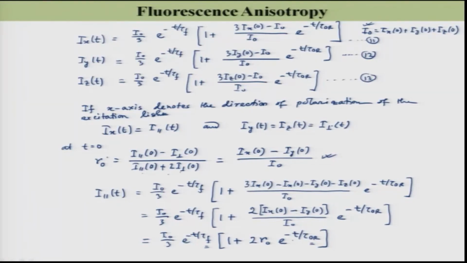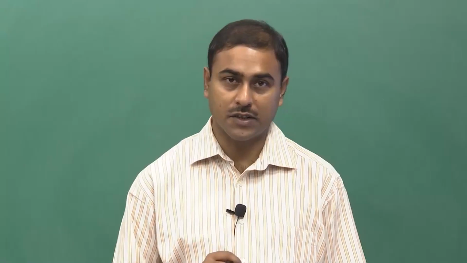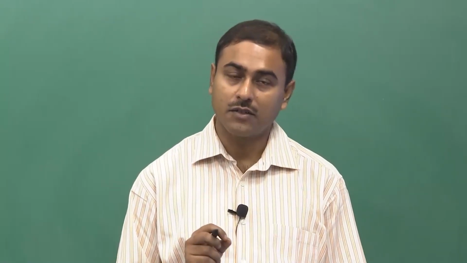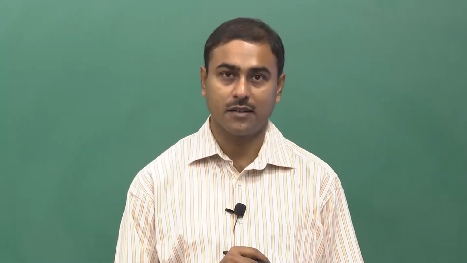So, it is like that. Similarly, next day I will calculate this I perpendicular t, and then I will see, when I plug in this I parallel and I perpendicular into my original equation of anisotropy, how the r t will look like. Thank you very much.